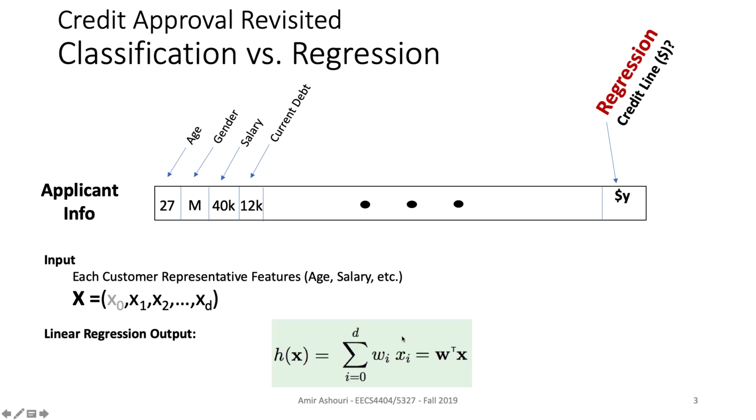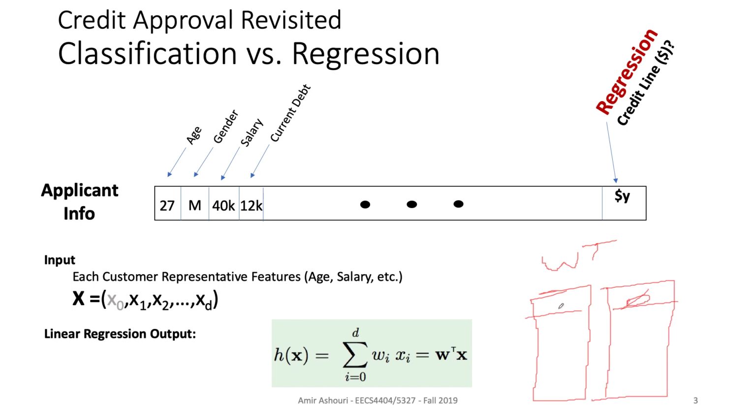So the output was a hypothesis h(x) that does a summation over all the values inside your vector w and your vector x, right? Starting from 0 up to d. And that was the vector notation of that.